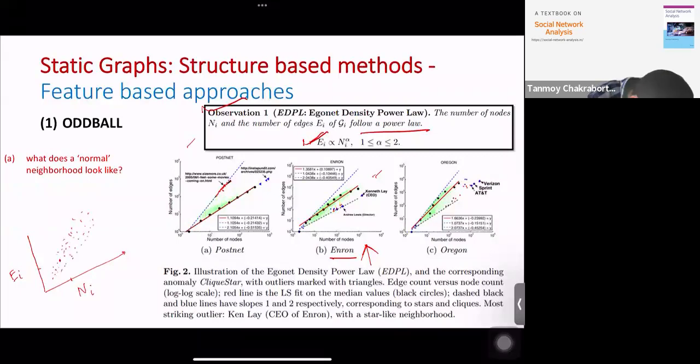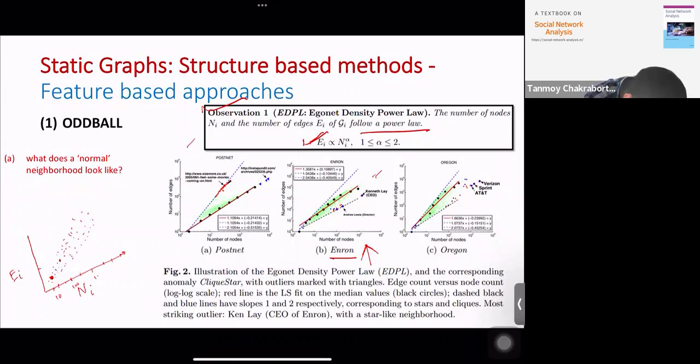Then what you do, for every Ni, not for every Ni, you can choose some Ni, for example, 10, 100, 1000, and so on. When Ni is 10, you have many points. You measure the median value, the median Ei.